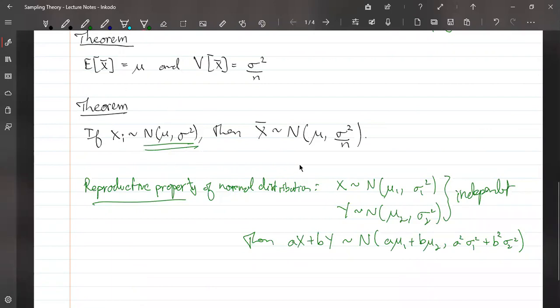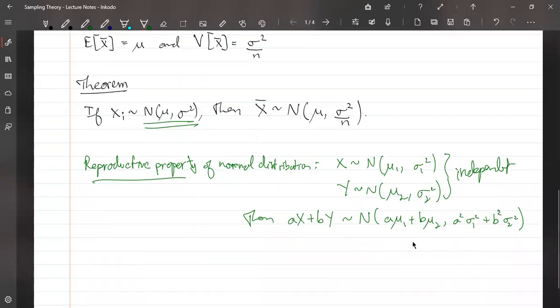In this particular case we are assuming that. In that case, according to the obvious generalization of this, which can be obtained by repeatedly applying this theorem itself, we get x bar follows n of mu, sigma square by n. So firstly, if you look at summation xi, that will follow.